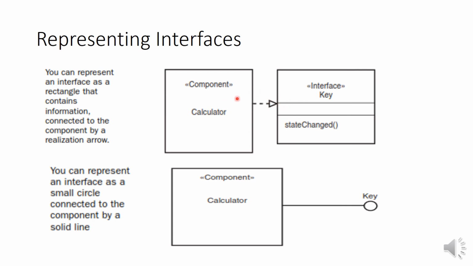This indicates realization. The second way of representing the same relationship of realization is to represent the interface as a small circle connected to a component by a solid line. So this is another way of representing realization in component diagram.